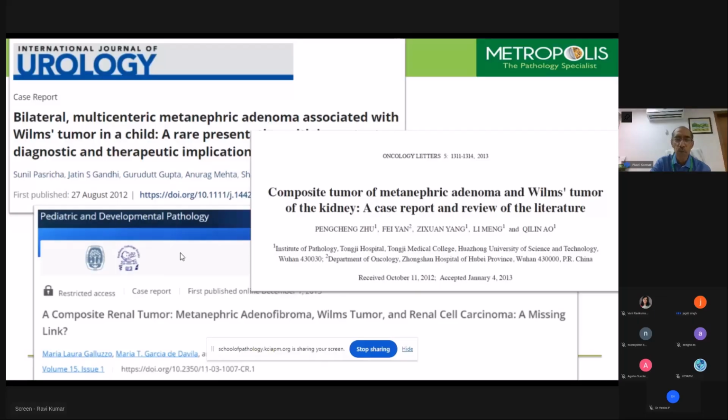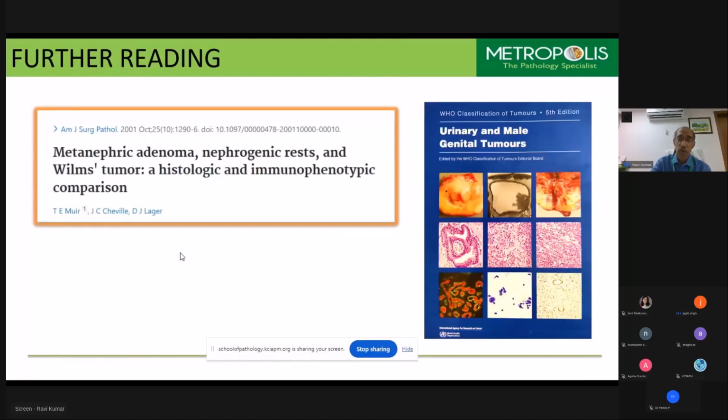There are very few case reports, literally isolated case reports, of such metachronous or synchronous lesions involving nephroblastoma and metanephric adenoma described in literature. I could find just 3 such references. So these are extremely rare lesions. For the histologic and immunophenotypic comparison, I would suggest that you read this article.